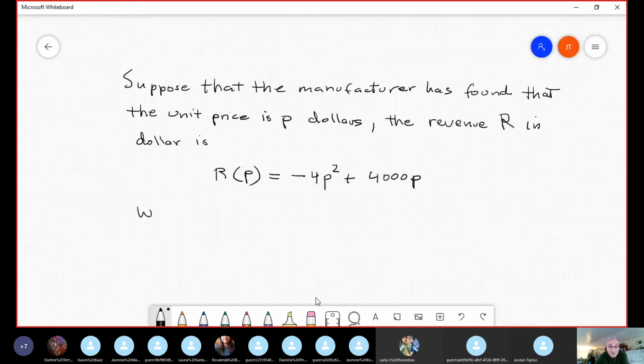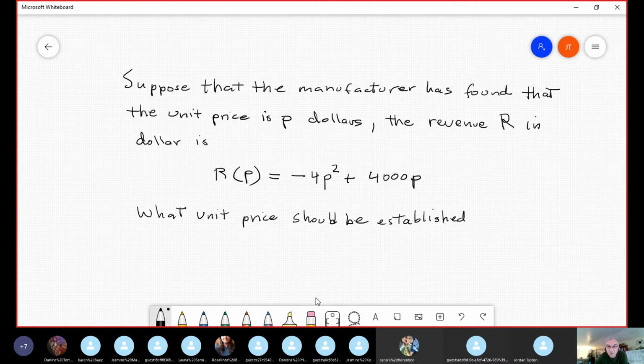The question is, what unit price P, in other words, should be established to maximize revenue? And also one extra question, what is the maximum revenue?